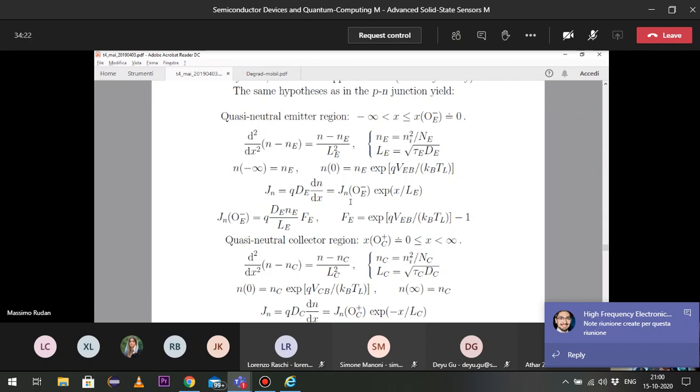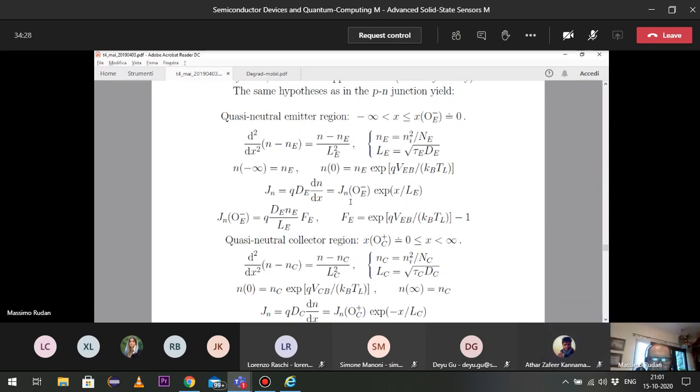It is equal to q, the diffusion coefficient D sub E, N sub E divided by L_E times the non-dimensional factor f_E, that is the exponential of q V_EB over kT minus 1. So this is it for the emitter.